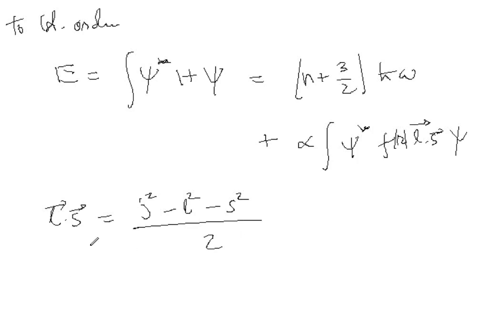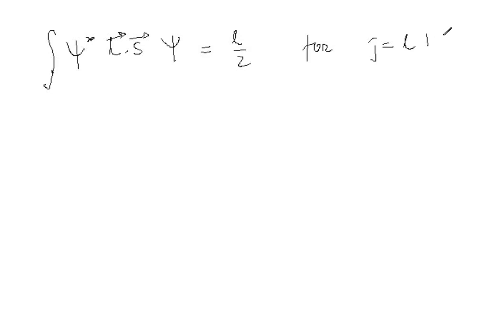So as a result of this, we can write L over 2 for J equal to L plus half, and also this is equal to minus half (L plus 1) for J equal to L minus half.